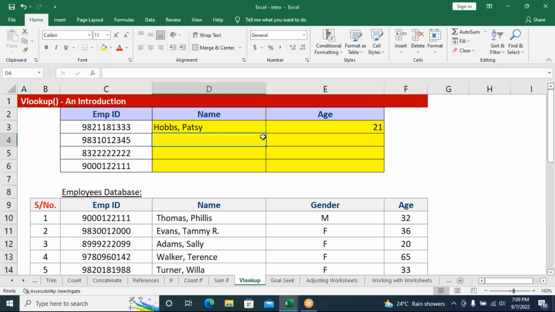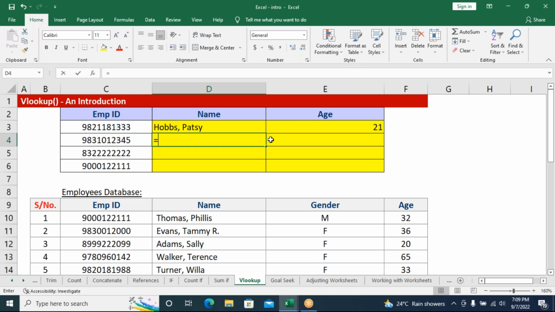Is equal to VLOOKUP, open parenthesis. My lookup range is this one, that is 4. Now I should mention my table array. I'll select the table array from here, that is from C10 to F21.